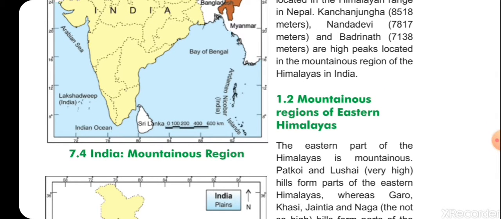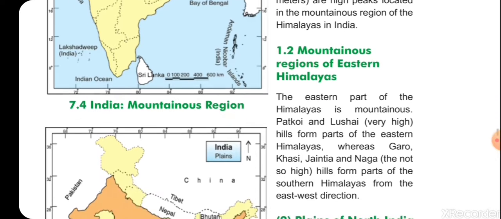So Kanchenjunga is 8,518 meters. Nanda Devi is 7,817 meters, and Badrinath is 7,138 meters.